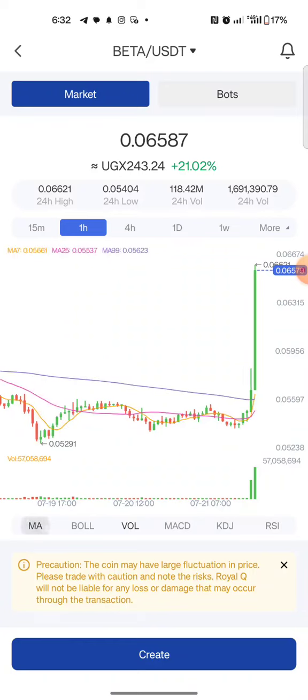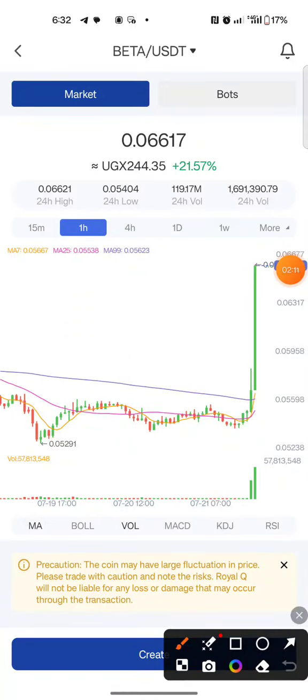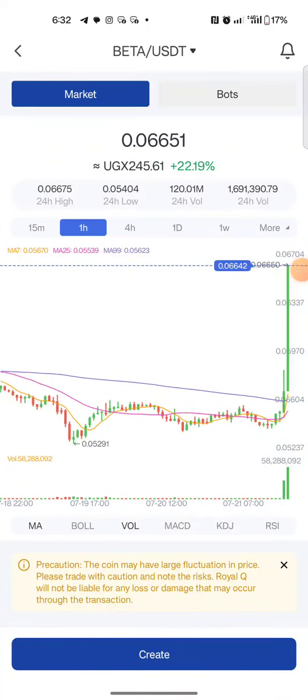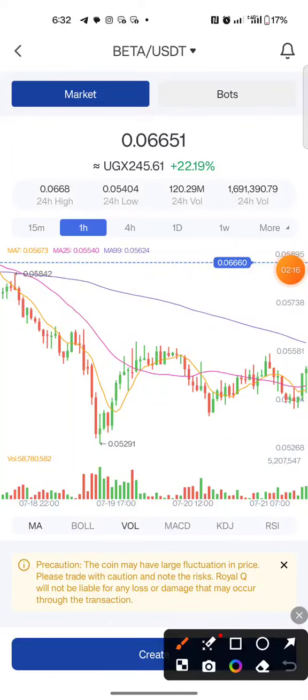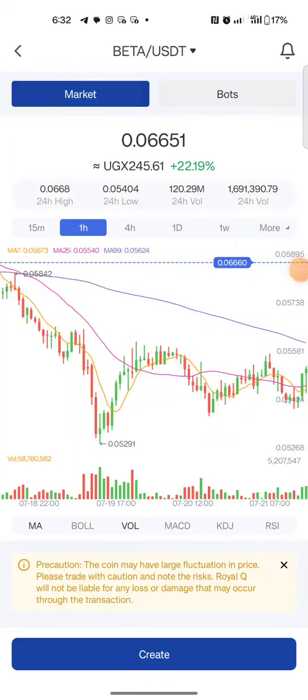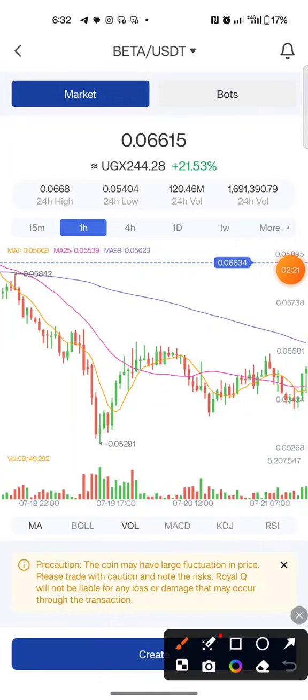And so let us tap on the moving average. If you're using an Android phone, you have a 7 moving average, which is in orange, and Royalq gives you a certain price of the 7 moving average.